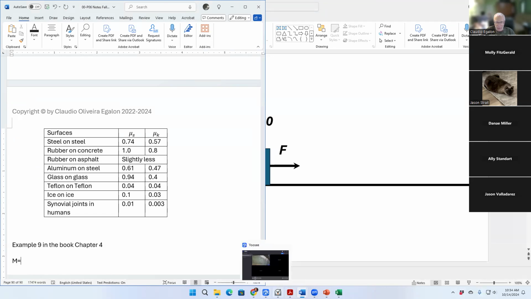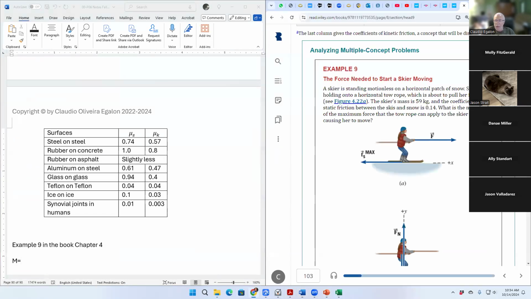What's the mass? 59 kilograms. The coefficient of static friction between her skis and the surface is 0.14.